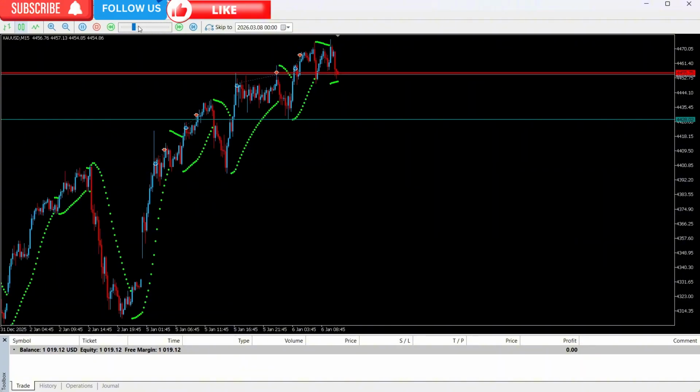What I did play around with as well was I put a martingale feature into the robot, which basically meant that if the robot took a loss, it would double. It has a lot multiplier, so you can double the next lot size, or you can 5x it, or 10x that lot size.